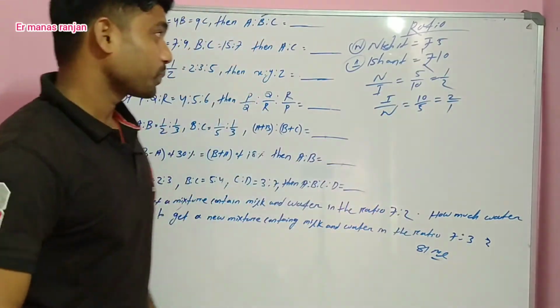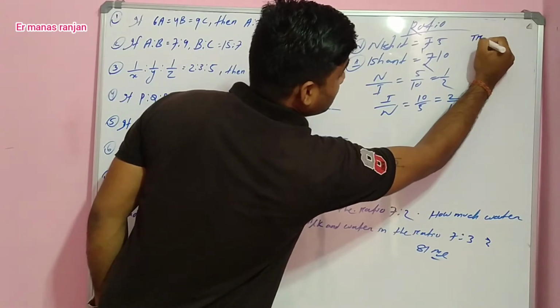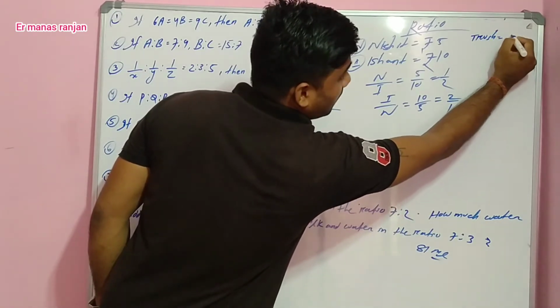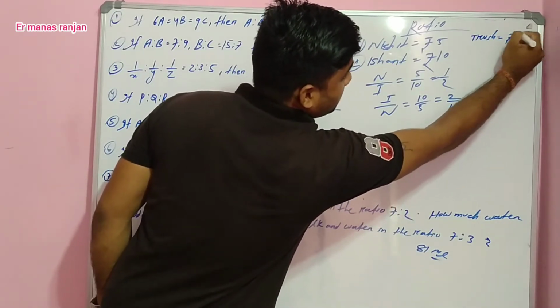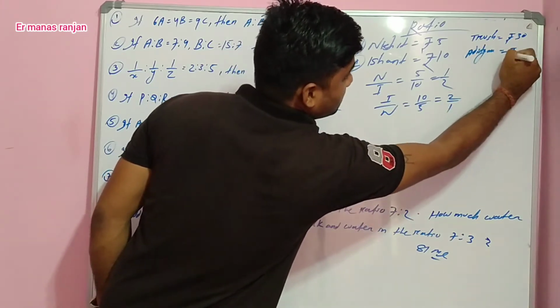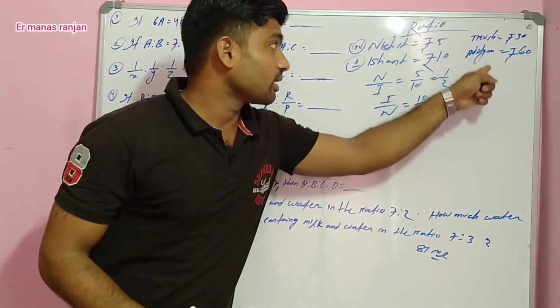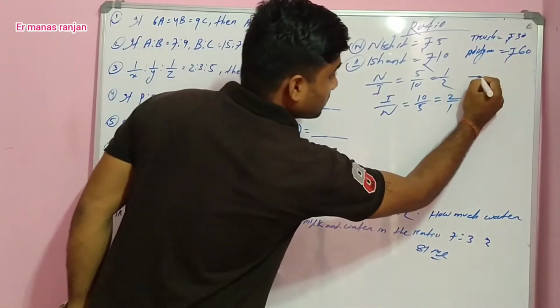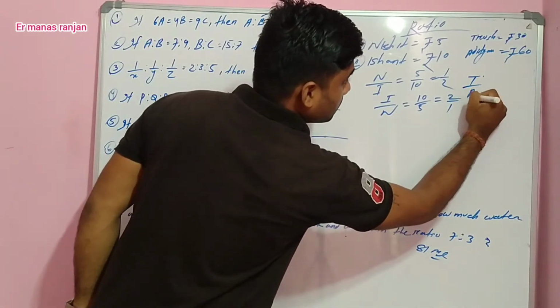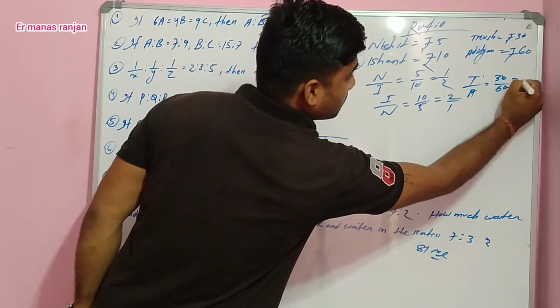Suppose here Trishna has 30 rupees and Adityanshu has 60 rupees. If you take the ratio of Trishna to Aditya, what? 30:60, that means half.